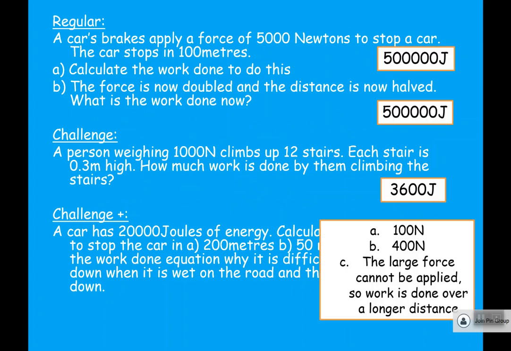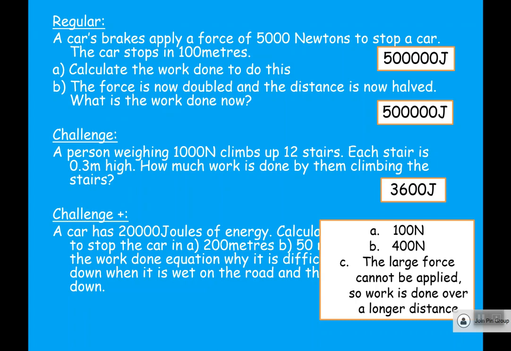Okay, here are your answers. So this question relating to the car, when you've got a car moving, you have got to do work onto the car by friction in order to stop it. So you've got a choice. Either you need a high force and a low distance, so you put the brakes on really abruptly and you stop very quickly, or you put a low force on over a longer distance.